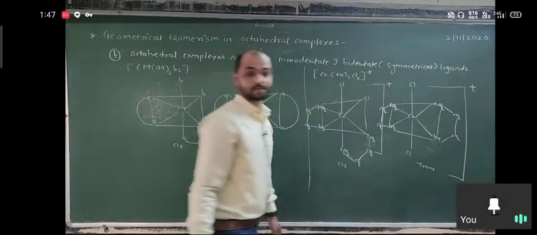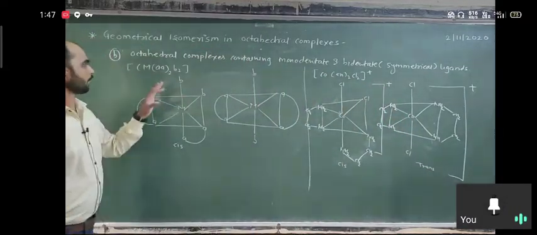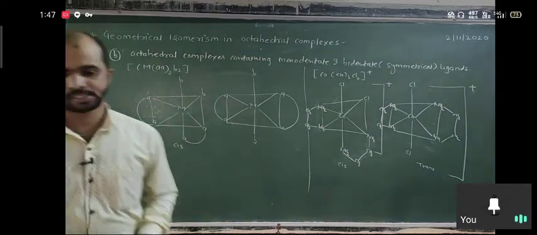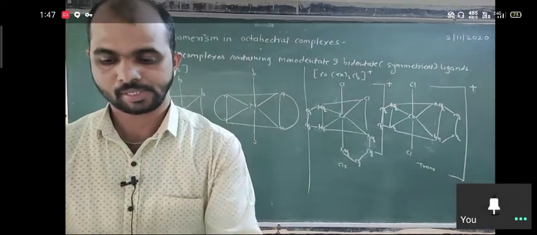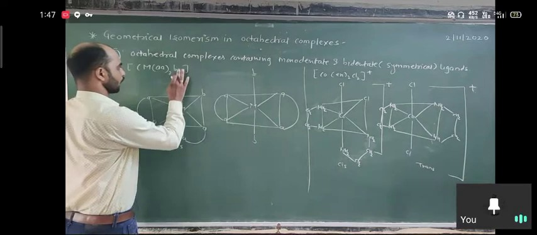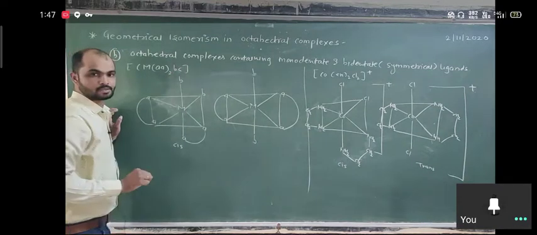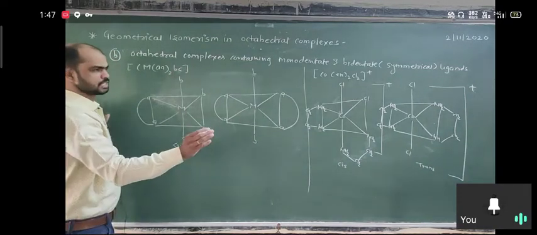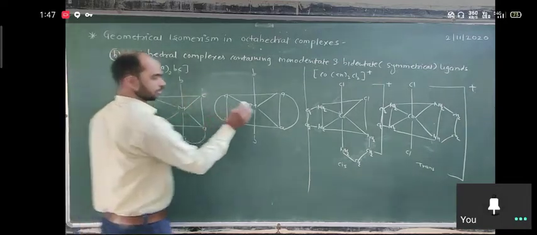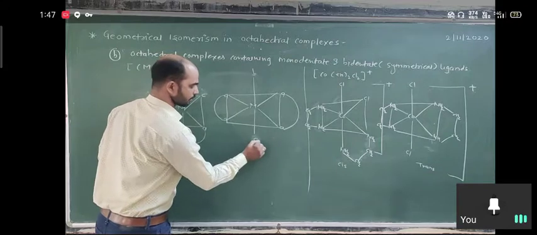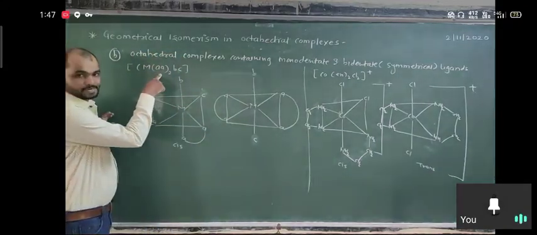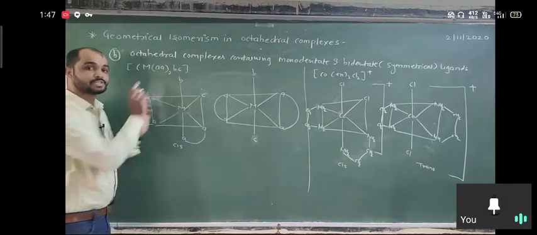So these are the cis and trans isomers of the MAA2B2 type of complexes. The second complex given is MAA2BC. Instead of B2, just use BC, same structures, there is no change, just replace one of the B by C. BC means two symmetrical bidentate ligands and two monodentate ligands which are different.